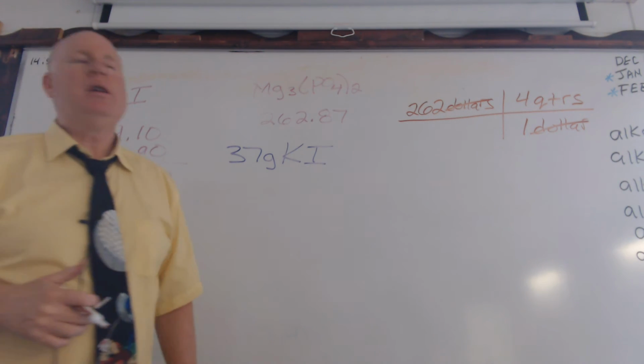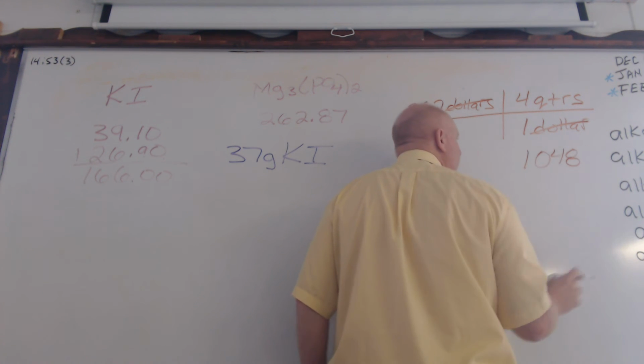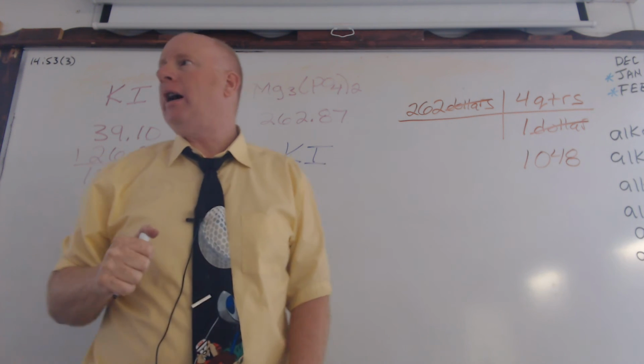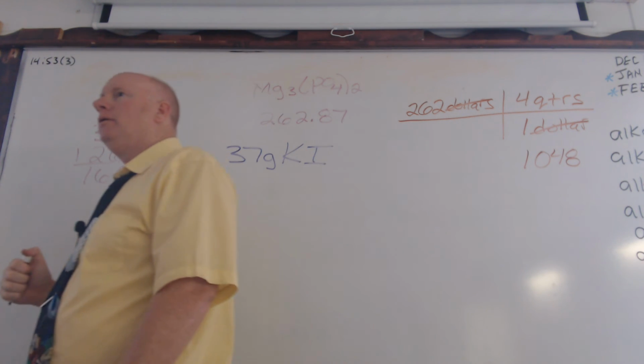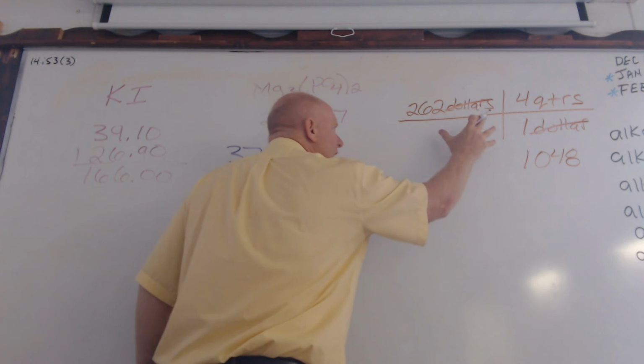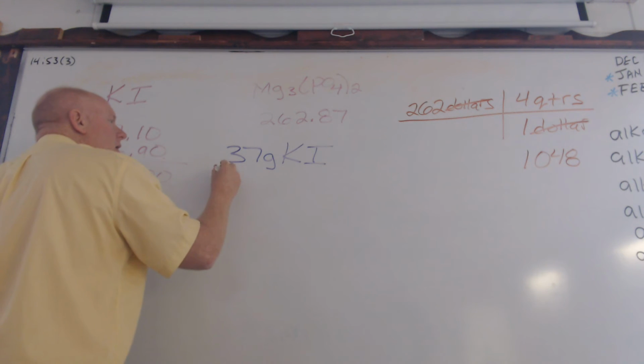Okay, so if you have 1,048 quarters, okay, that means you have $262. Is anybody lost? Okay, so we're going to take this type of logic, okay, and apply it to here.